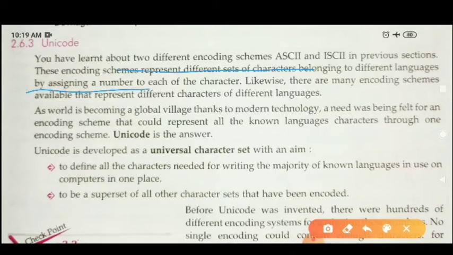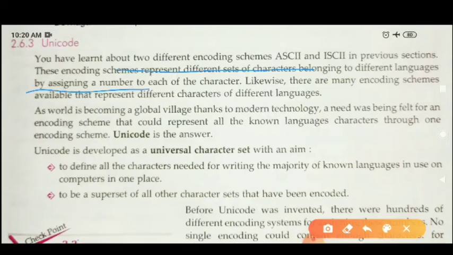As you know, there was ASCII, and after that ISCII. So these are different encoding schemes. As you know, the internet is a global village for everyone, so it has combined all these codings and made a single coding system which is known as Unicode.